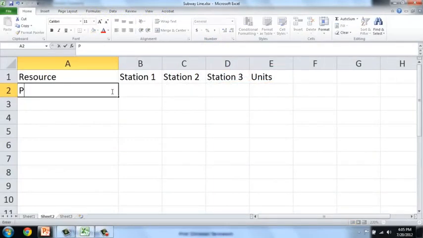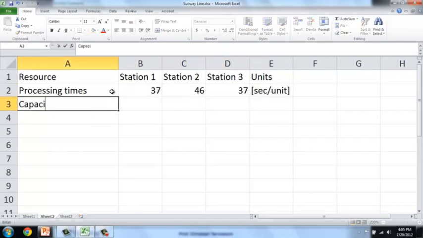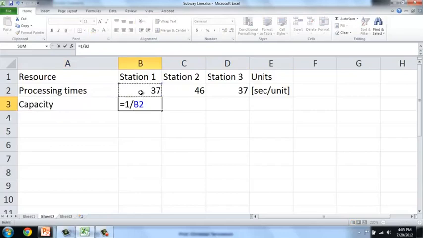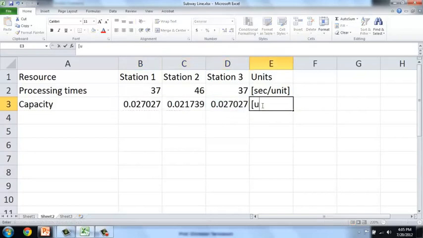Let's start with the processing times. Station 1 has a processing time of 37 seconds, Station 2 of 46, Station 3 of 37 seconds, and all of this is expressed in seconds per unit. We then saw that the capacity is defined as 1 over the processing time, and this is now expressed in units per second.